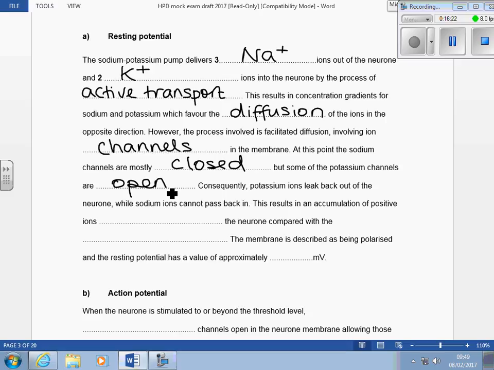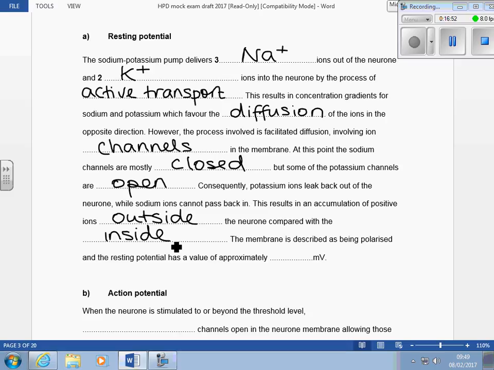It's positive ions outside the neuron compared with inside. So the positive ones accumulate outside compared with the inside. Now, that's not to say that we've then got a real positive or negative charge, but this is a comparison.